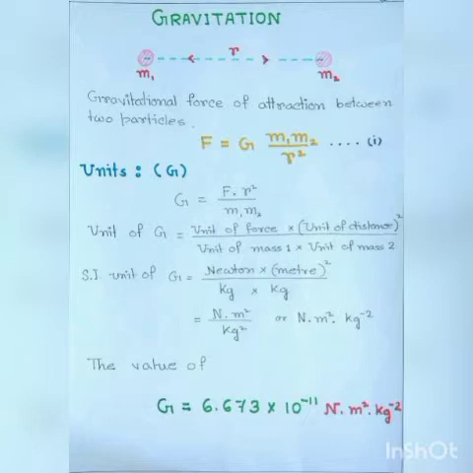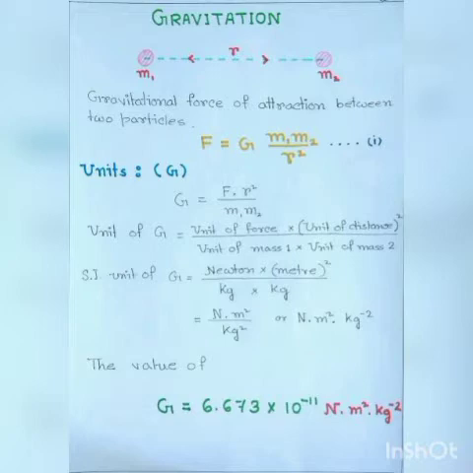Now, in the SI system, all the terms on the right-hand side must use their SI units. We know that in the SI system the unit of force is Newton, distance is meter and mass is kg.